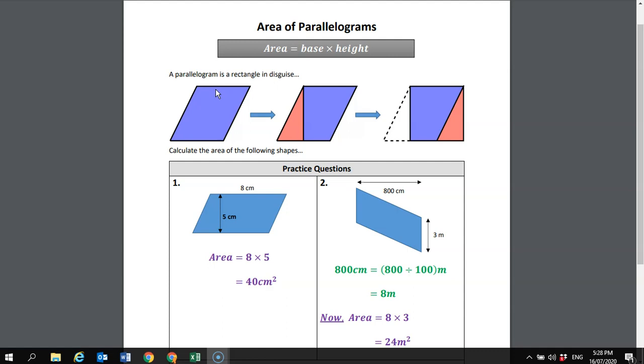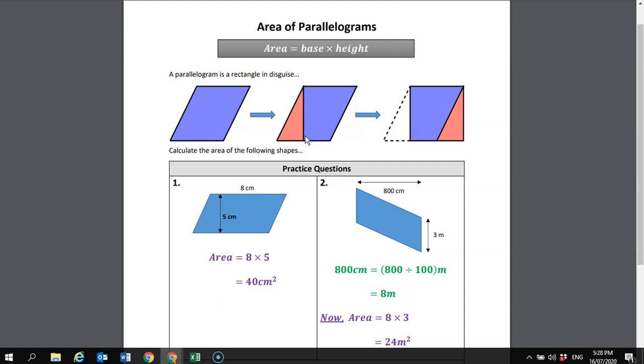And another way to think about it is that a parallelogram is a rectangle in disguise, okay? Now what do I mean by that? Well, let's imagine we get a pair of scissors and we cut that triangle right there, right off, okay? And it's coloured in pink here.